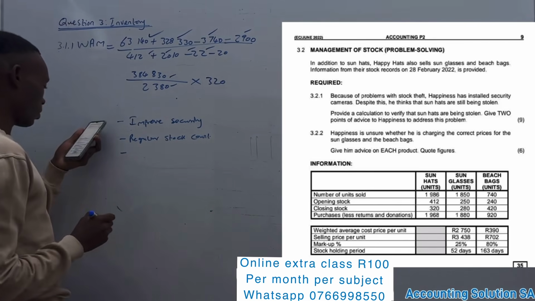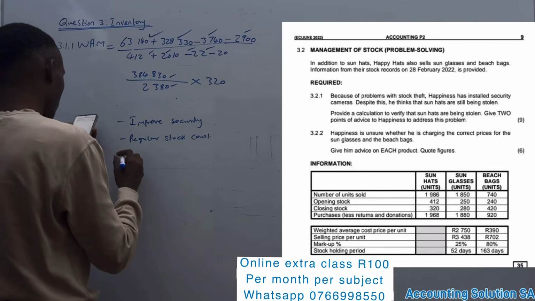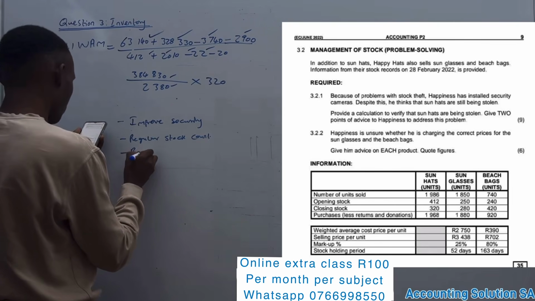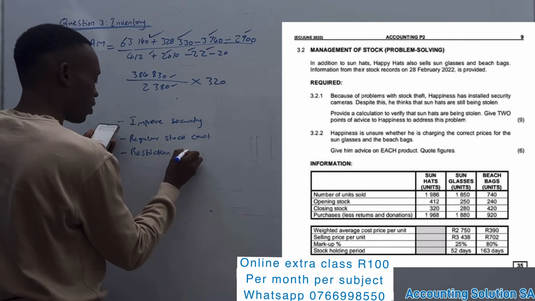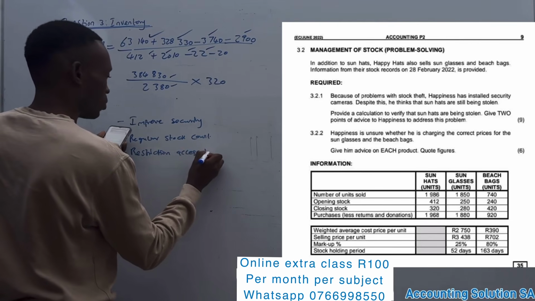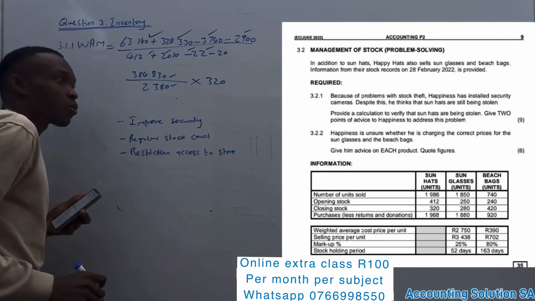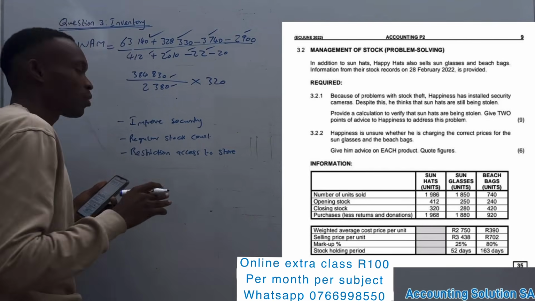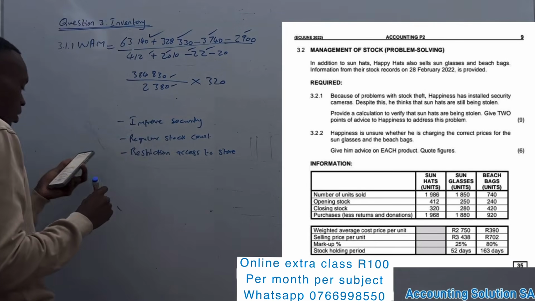Number 3, actually they were looking for 2, but let me give you another one. We must have restriction of access to the storeroom. Where we keep our stock, guys, we have to make sure that no one just enters there. Okay, I think that's it.